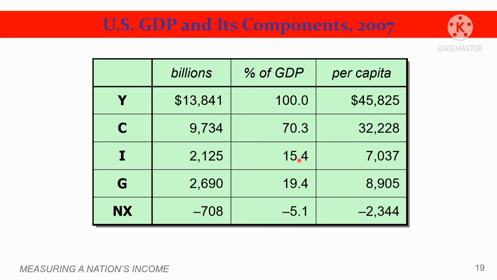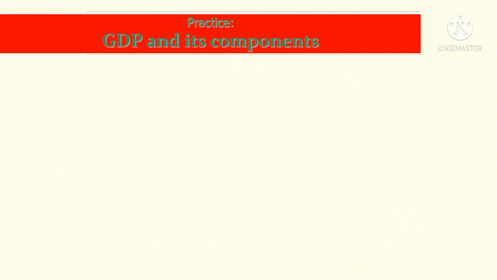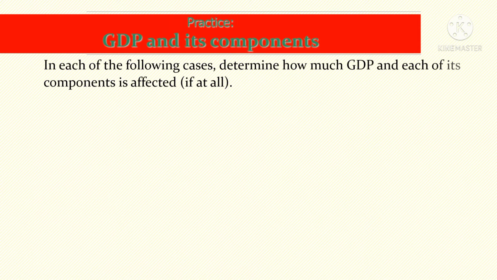So similar story dito, per capita government spending, per capita investment, per capita consumption. So we have some activity here, GDP and its components. So we'll identify which component of GDP affected sa situation.